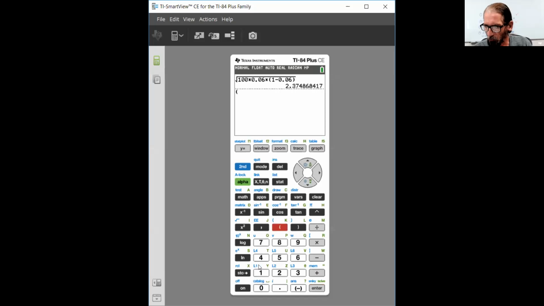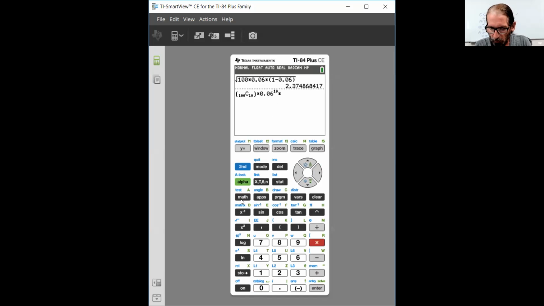So we had 100 C 10 times 0.06 to the 10th. Scroll it to the right before you type the next base.